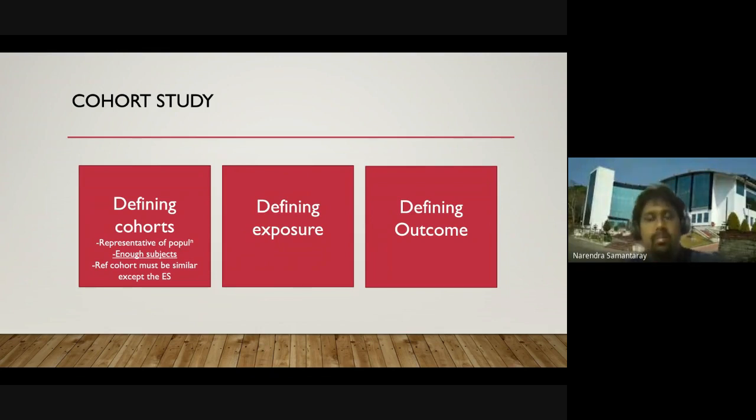Basically, say a disease takes 15 years to manifest from the exposure to the outcome. So a certain number of years should be given for the disease to manifest. And most importantly, the number of subjects has to be large, because most incidences of certain diseases are 5%, 10%, 7%, 8%.